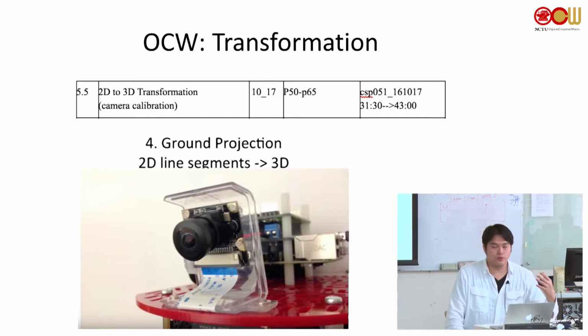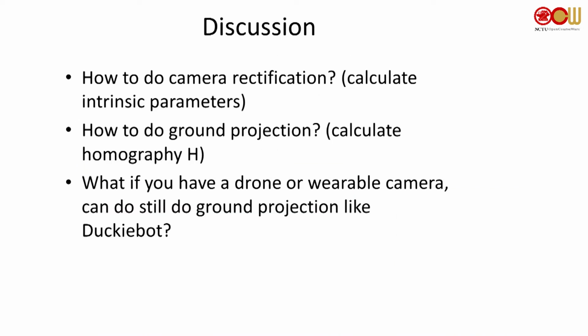This is very important so that you could drive your Duckiebot correctly in the lane. If you have done that, that's great. If you haven't seen the OCW, please ask yourself those questions: how to do camera rectification, and how to do ground projection.